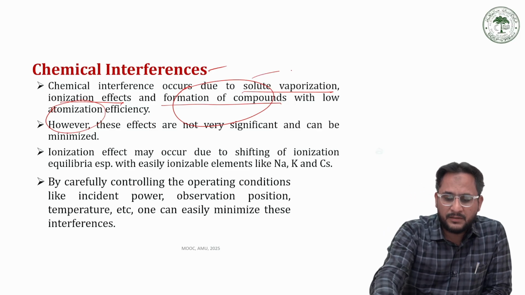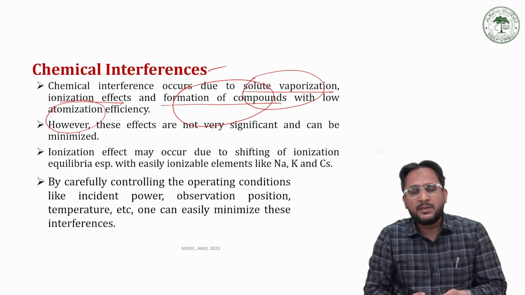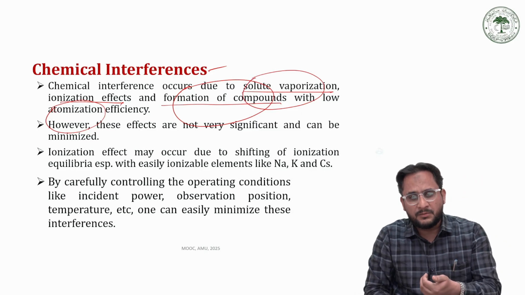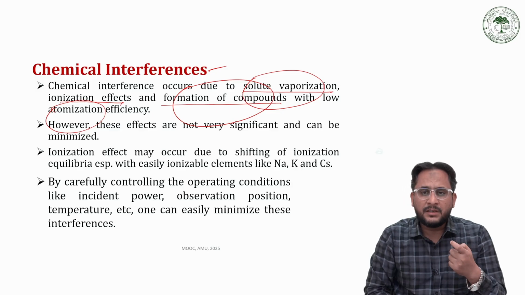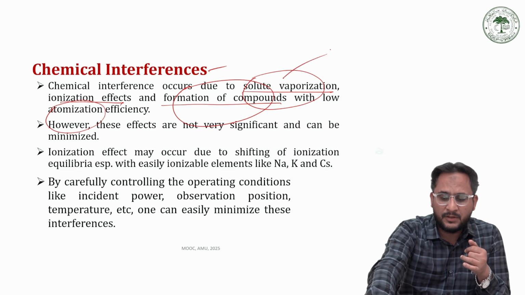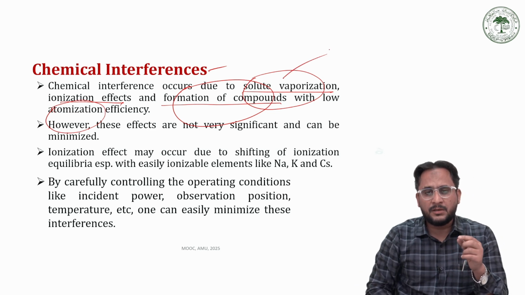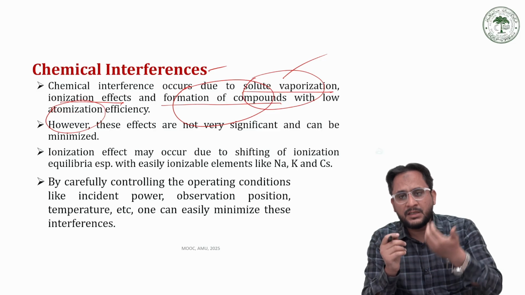Now solute vaporization. This means the solute vaporizes before reaching the plasma. In that case, because of the low vaporization of the target analyte, it vaporizes in the ground state only.